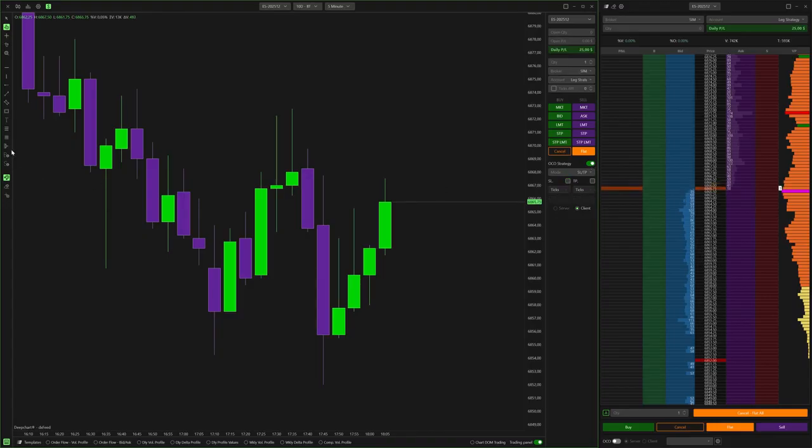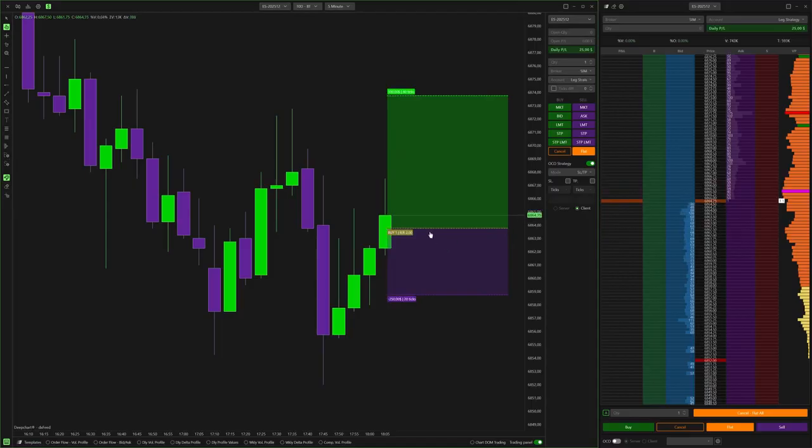And this is even easier on Deep Charts because you can simply place your projection and then simply enter order, and it will automatically create an OCO strategy for you. This is something really normal for futures contracts, but we try to make it simple like this also for former CFD or Forex traders. And by clicking cancel, you can simply cancel every order that you put in the book.